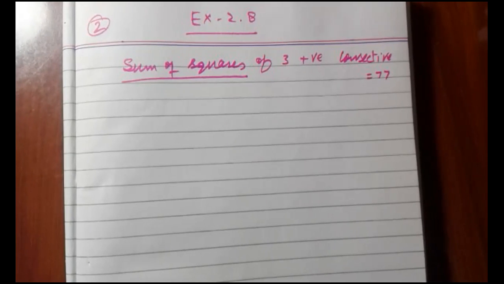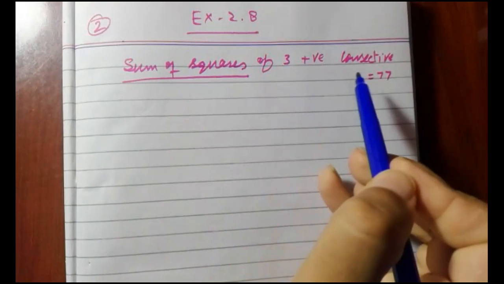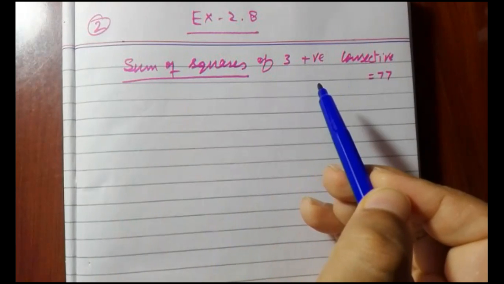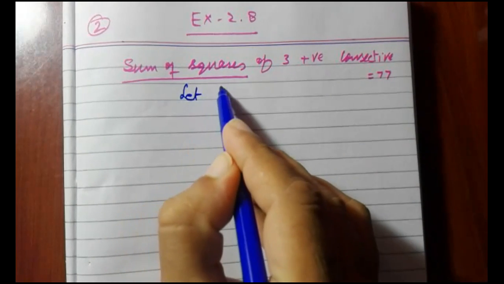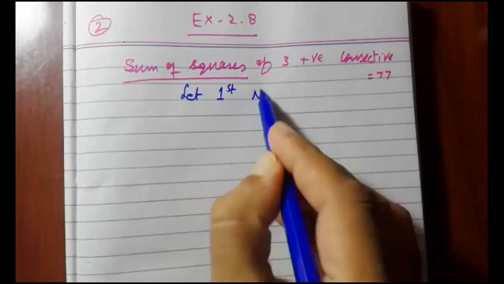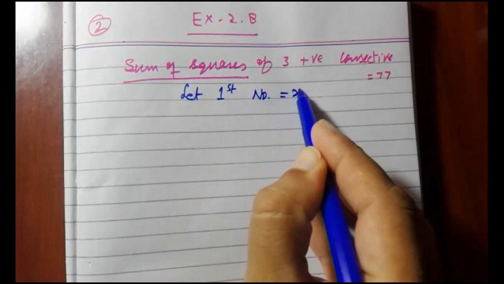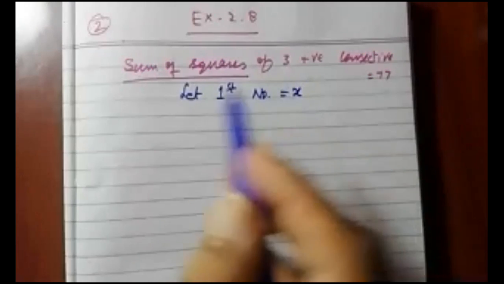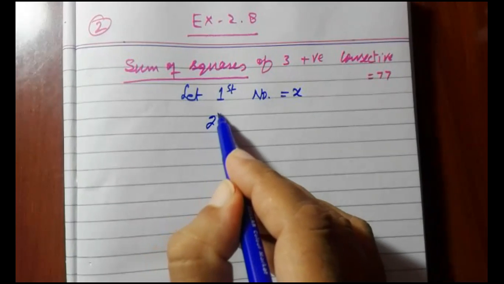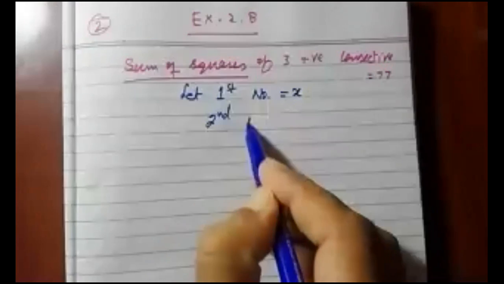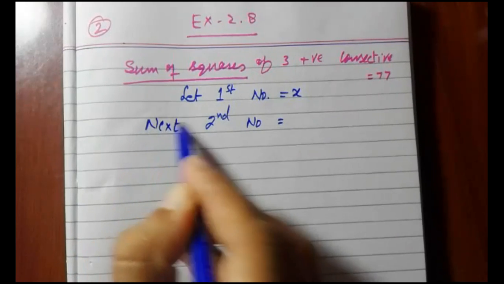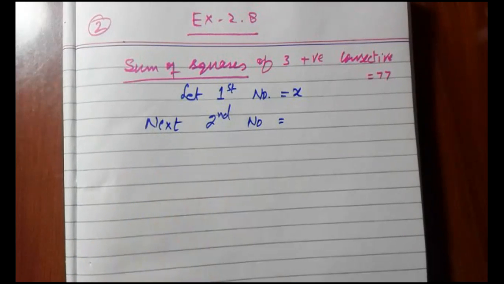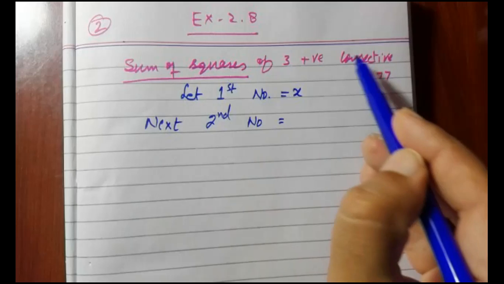The important point is that we don't know which are the three consecutive numbers. So what will you do? You will first assume that the first positive number is equal to x. Then you will write the second, next or consecutive number, because the statement is about three consecutive positive numbers.